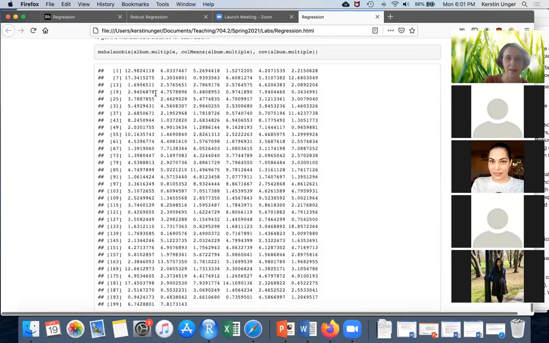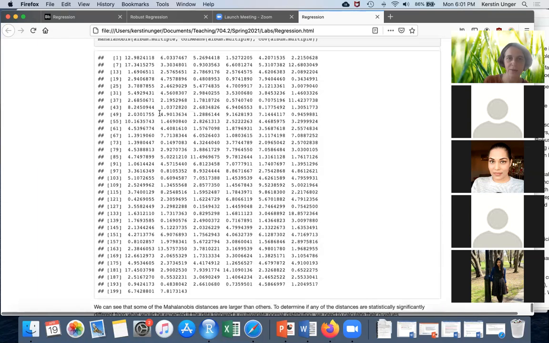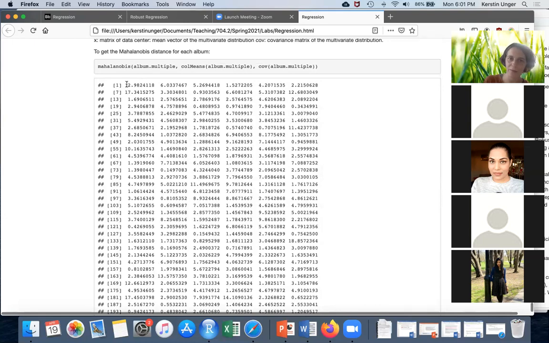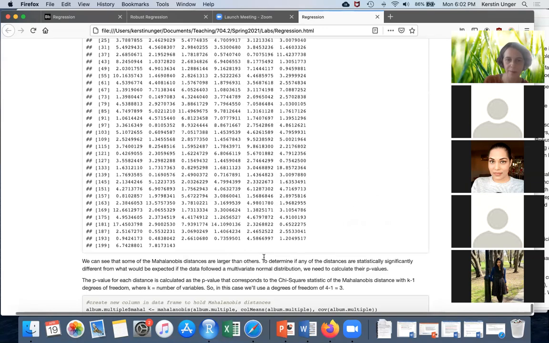Okay, and that is the output. We're getting 1 value for each of our 200 data points, for each of our 200 albums. You can see they vary quite a lot. We have one that's as high as 17, and then we also have others that are below 1.